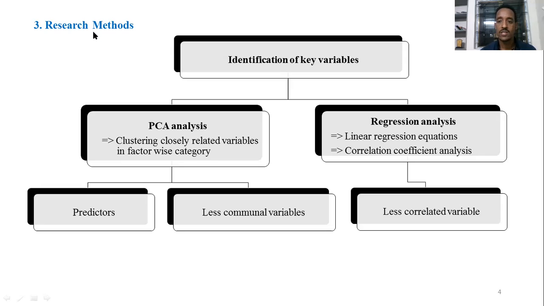In regression analysis, it's used for the linear regression equation formulation. That means it can estimate the closely related variables as functions of their predictors. We use this regression analysis, as well as the analysis of the correlation coefficient. This correlation coefficient is also important to decide whether to drop or to include a variable in our minimum data set.